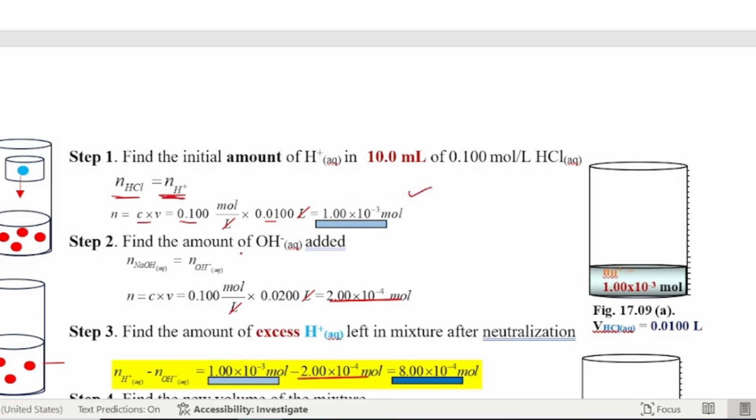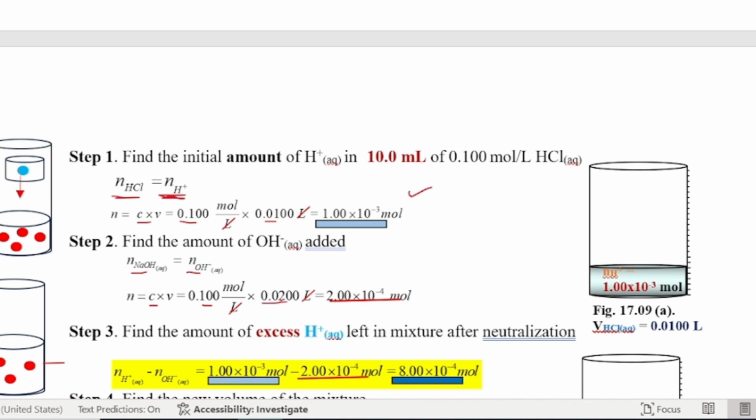Now you find the number of moles of OH. Here we are seeing again, because it's a strong base, 1 mole of this will ionize to give you 1 mole of that. So the number of moles is found by, again, doing C times V. This is the concentration of the sodium hydroxide that you add in, and this is the volume, 2 milliliters.